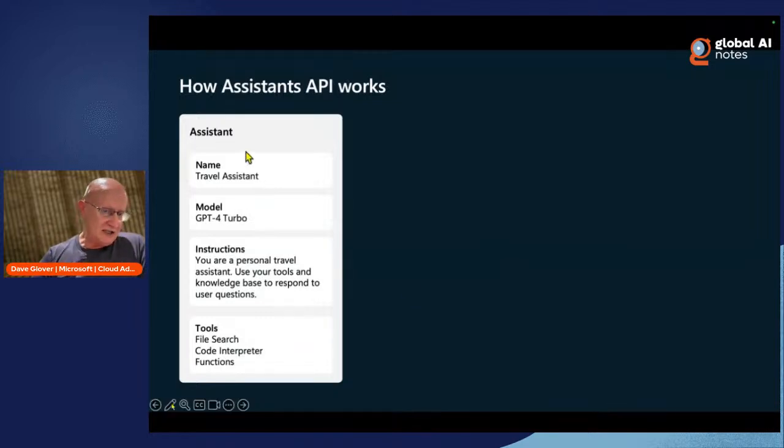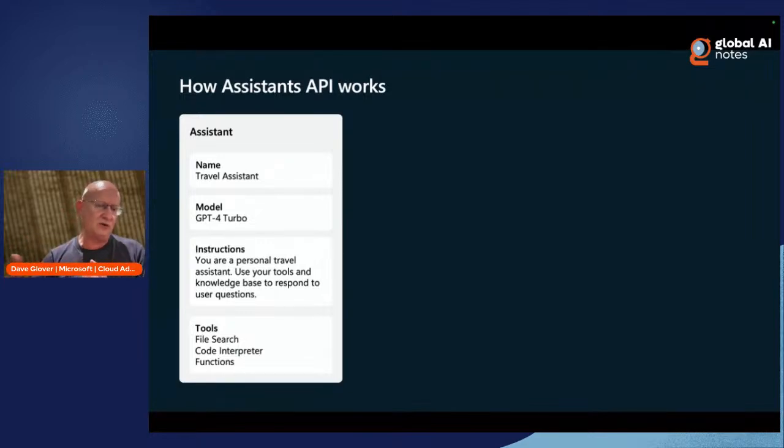So you go and create an assistant. It's an object that lives inside the Assistants API. You give it a name. You tell it what model it's associated with. In this case here, it's GPT-4 Turbo. And then you give it some instructions. The instructions are like a meta prompt, and it's effectively the same as the system message when you're creating context using chat completions.